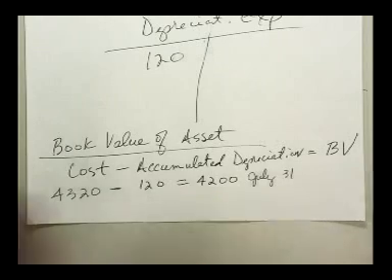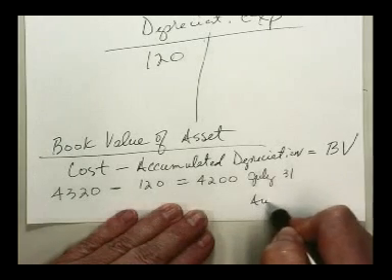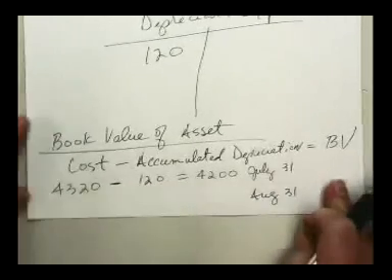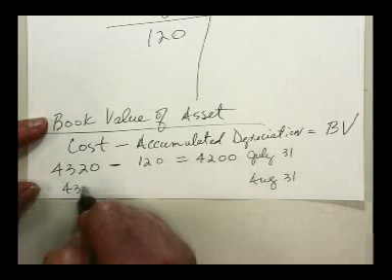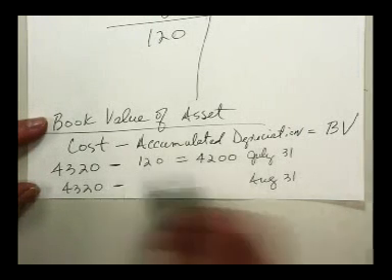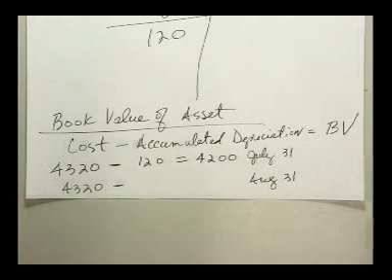Okay. So let's say that I had depreciated it another month in August. At the end of August, what is my book value going to be? Same formula. Cost of $4,320. But by the end of August, how much depreciation would I have accumulated? Because I would have done the journal entry.